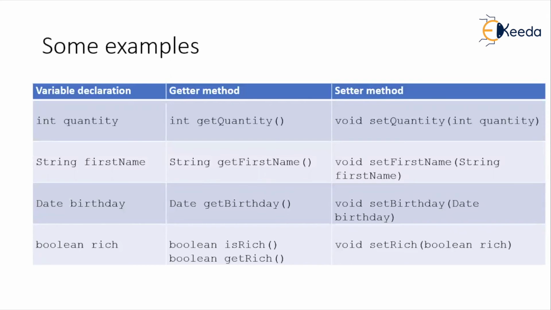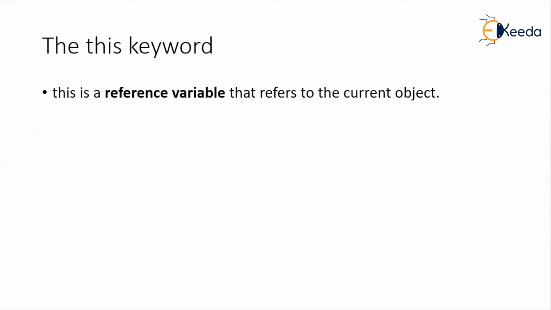These are the two ways in which a Boolean getter method can be implemented. In further applications, obviously, we are going to make use of setter and getter methods. The usage of setters and getters is very frequent in Java applications. Next, we are going to discuss the this keyword. It is a reference variable which refers to the current object.